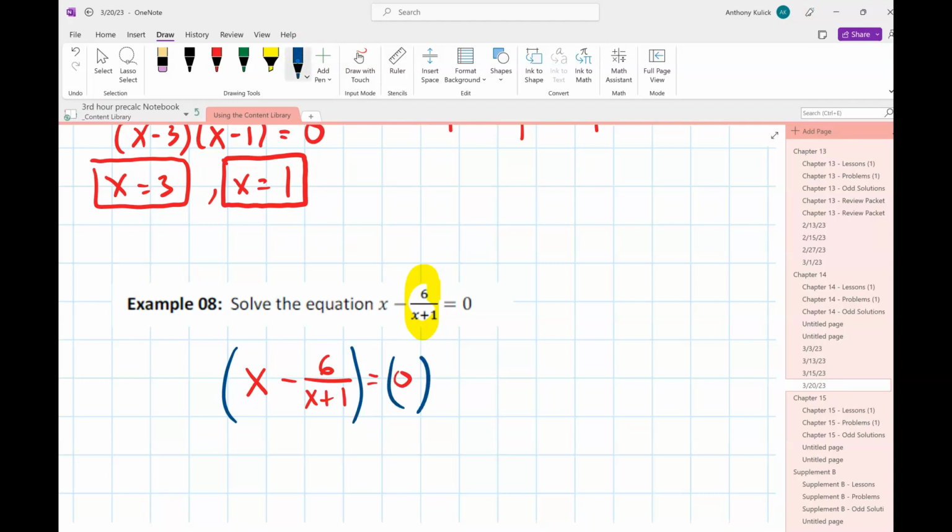What should I multiply both sides of this by? It'll also be x plus 1. So multiply that to both sides.